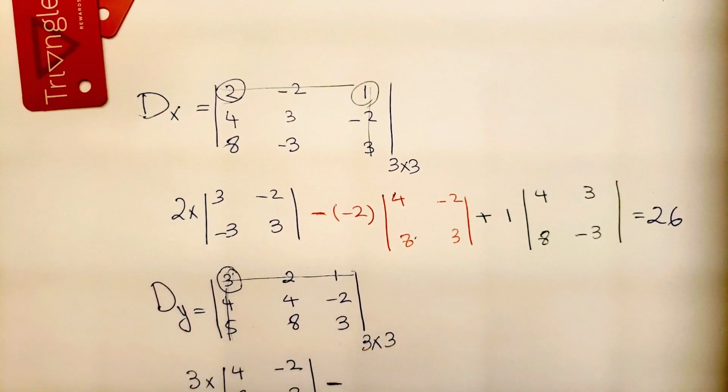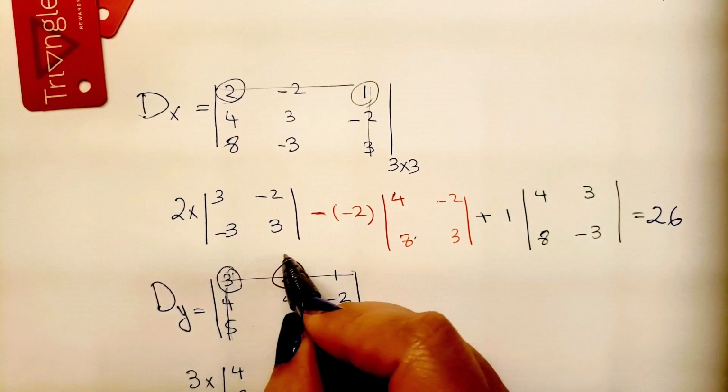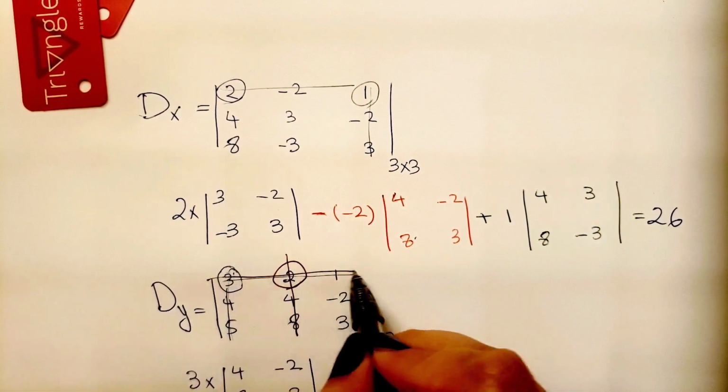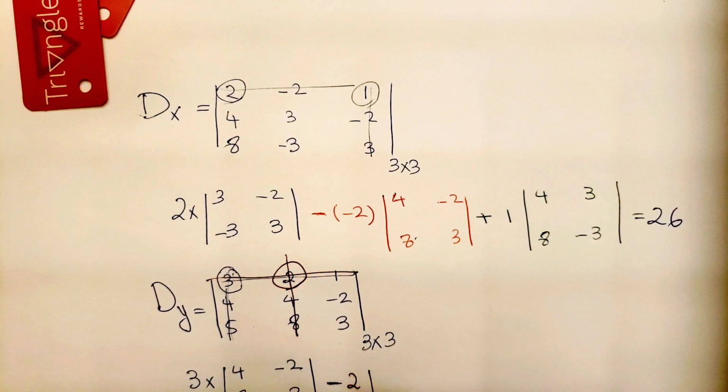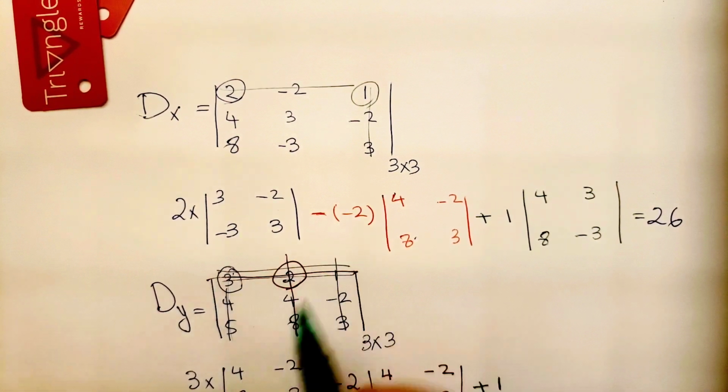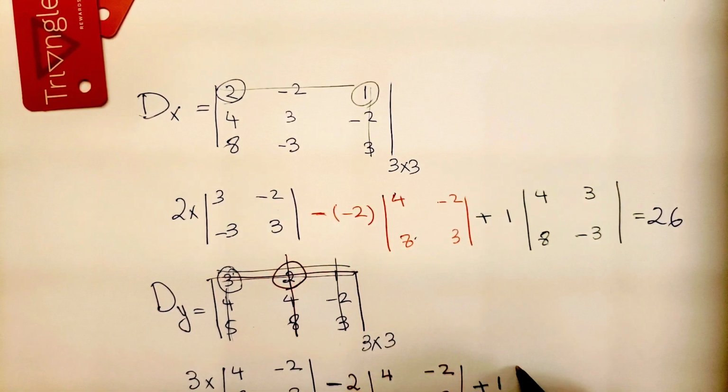Then the second main number would be 2, and then this will be eliminated, this will be eliminated. I'm left with 4, -2, 5, 3. Perfect. And then the third main number would be 1. So this and this would be eliminated, and I'm left with 4, 4, 5, 8.